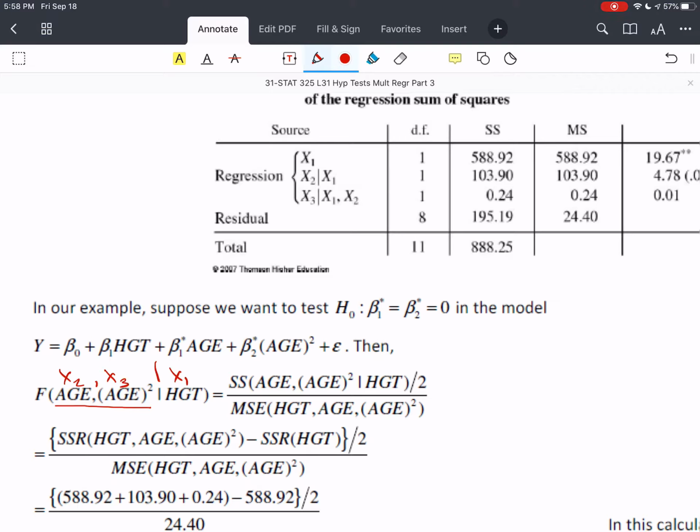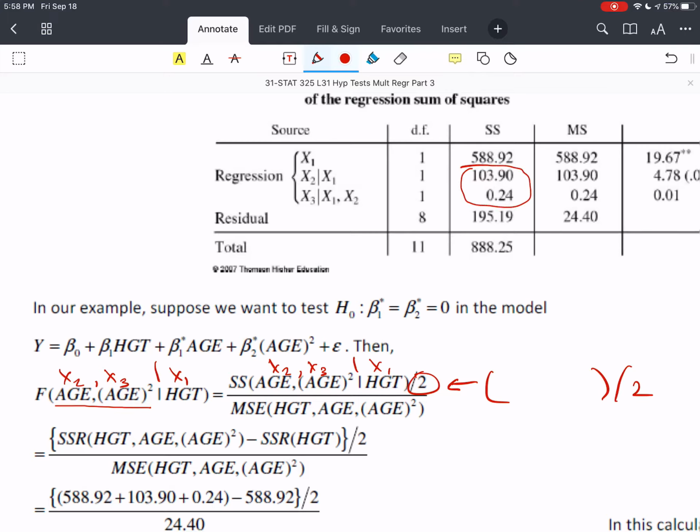And so we look at the sum of squares of age and age squared, so x2 and x3, given x1, and we're dividing by 2 because there's 2 of them. So this value here, divided by 2, is going to be these 2 values added together.